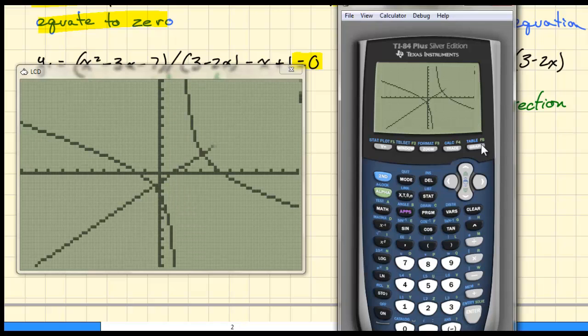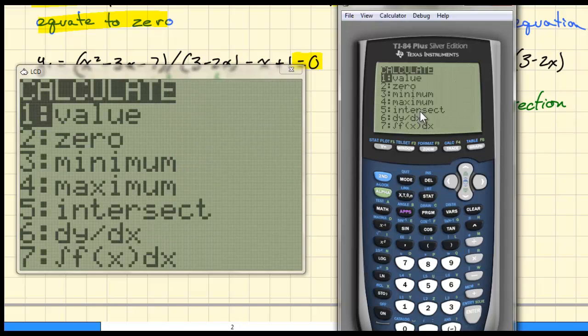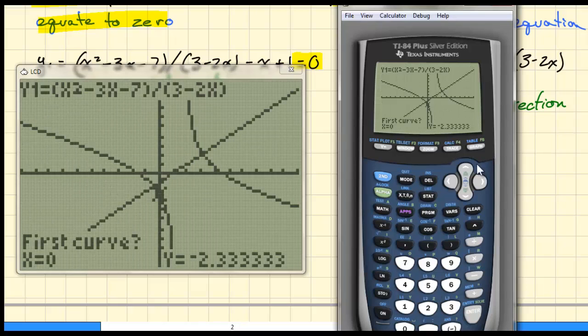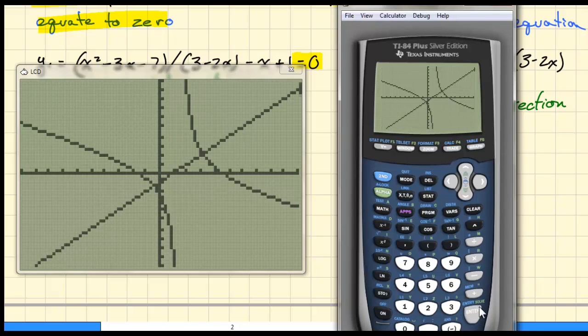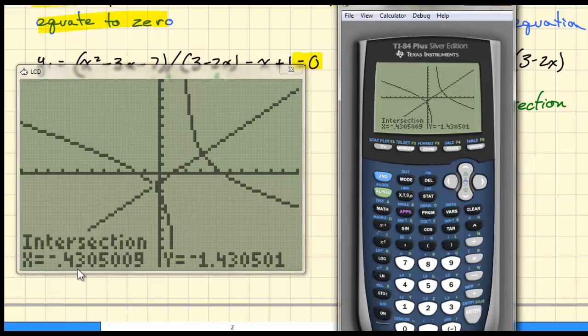So there's the first one, there's the x minus 1, and we're looking for the points of intersection here and here. We do that by going second trace or second calc, intersect, which is number 5, and all you have to do is be close. So here's fine, close to the point of intersection, enter, enter, enter. Negative 0.43, same as before.